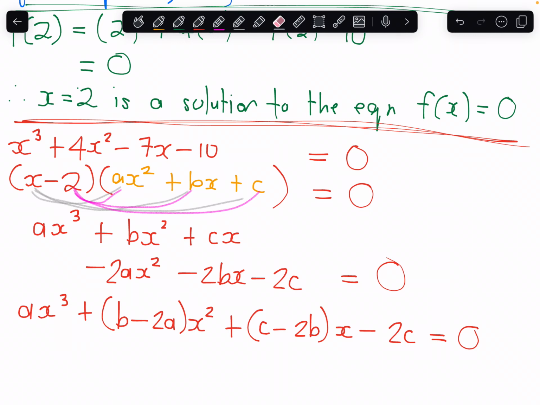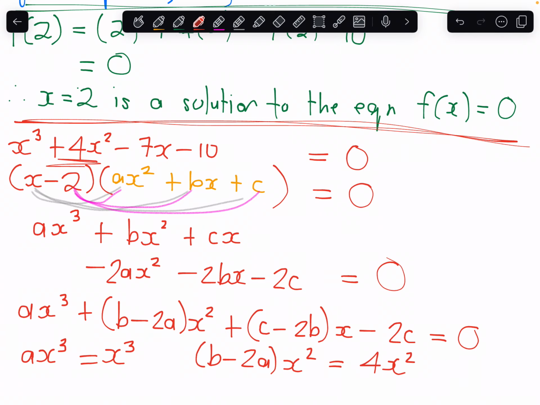Right. So, like I said, we don't actually really care about the equal to 0. What we care about is factorizing this thing. So what we can deduce is, ax cubed is equal to x cubed, right? We know that b minus 2a x squared is equal to 4x squared, from this original expression.